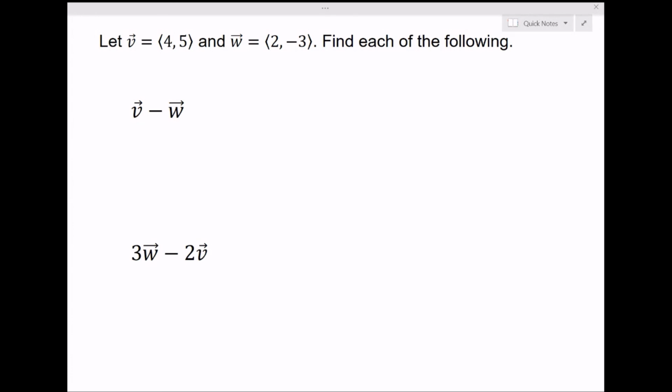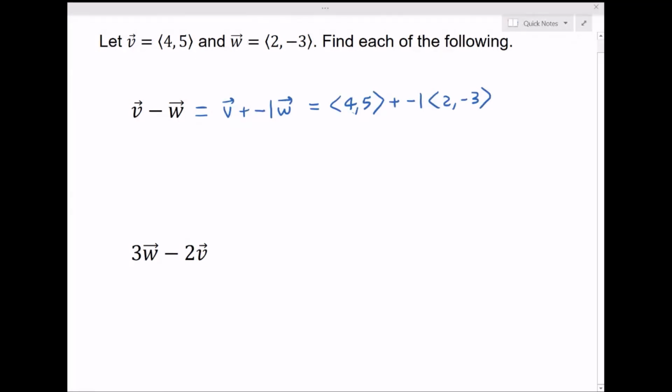V minus w is v plus negative w, as in negative 1 times w. So basically what you have is the original v, so 4, 5, and just add that with negative 1 times w, so 2, negative 3. So again, you're just adding the original v with a scalar multiple of w, right?